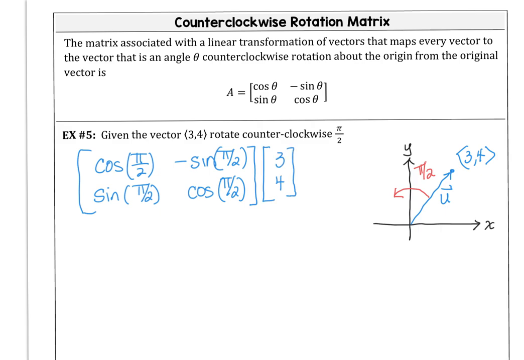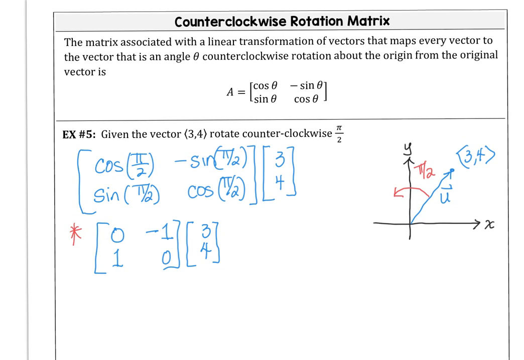So that's a column matrix there. Cosine of pi over 2 is 0. The opposite of sine is -1. The sine of pi over 2 is 1, and cosine is 0. Doesn't that look familiar from our earlier lesson with the sunshine and the sunglasses? And the parallelogram, we rotated all of those.